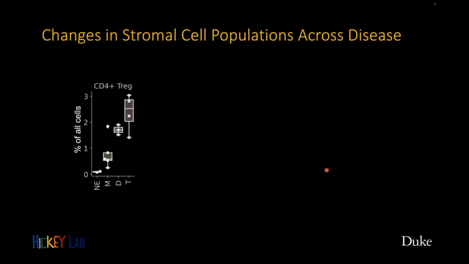Then we looked at the microenvironment, and one of the first things that we noticed was that as you progress towards tumor, you have an increase in regulatory immune cells, which is interesting because it's also a disease of chronic inflammation. Another cell type that was really interesting was that we saw an increase in these CD36 high endothelial cells.